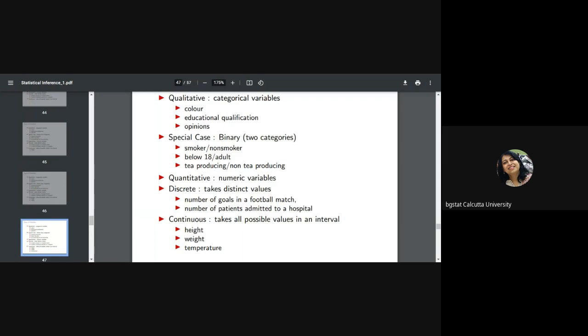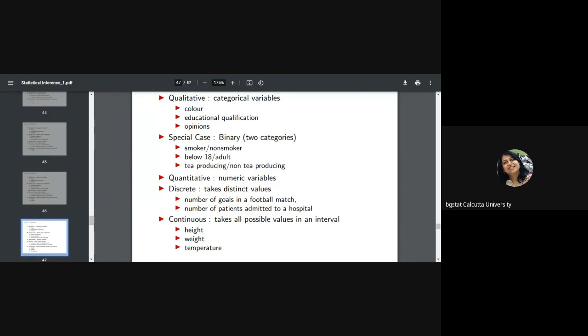So we distinguish between qualitative and quantitative variables. So I gave you the example of weight. Weight is a variable which can take any value in a certain range. Such a variable is called a quantitative variable.